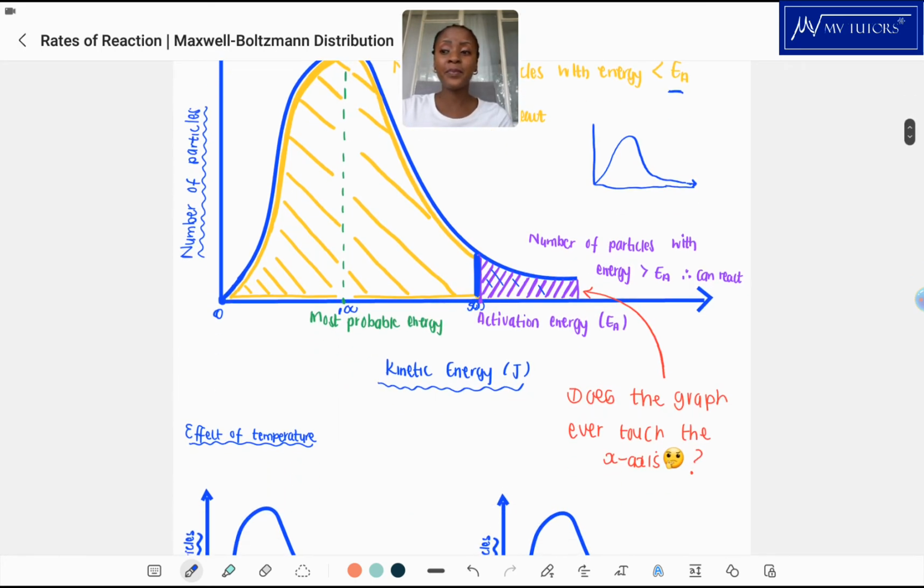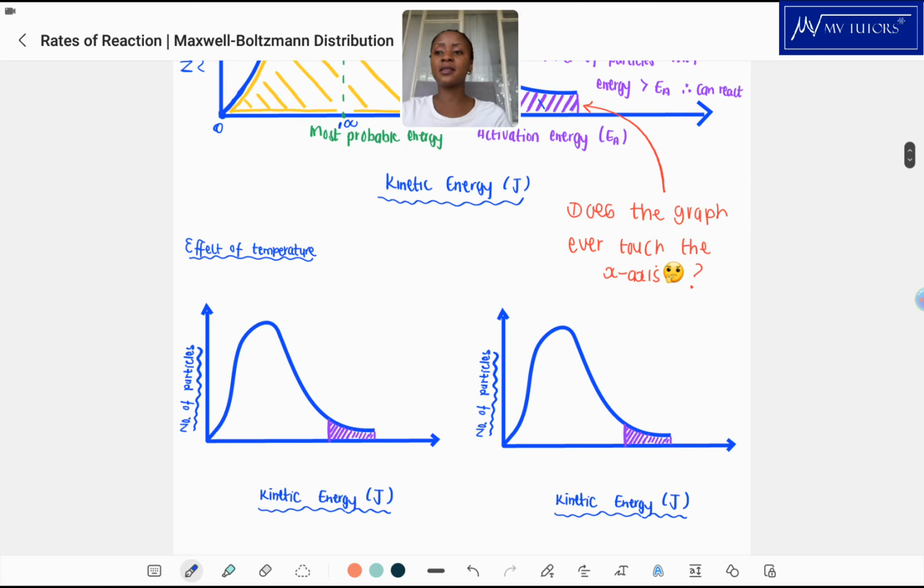Now, in exams they like asking what the effect is of increasing the temperature or cooling the reaction, or if we increase or reduce the concentration, or if there's a catalyst, how will this graph look? We're going to start with the effect of temperature.